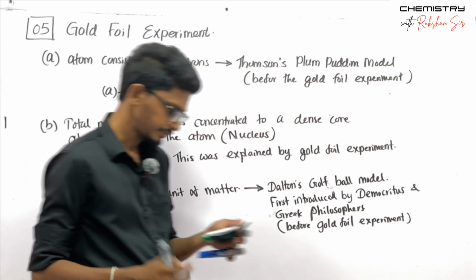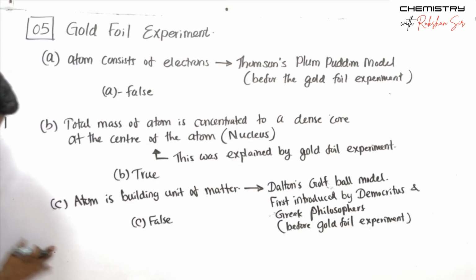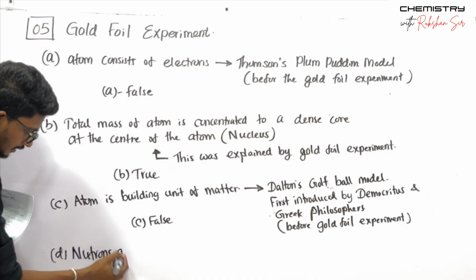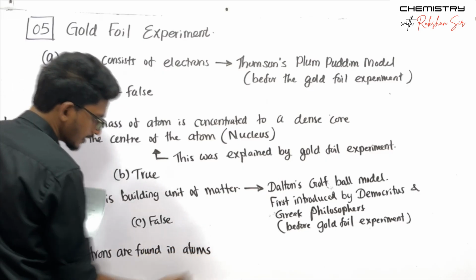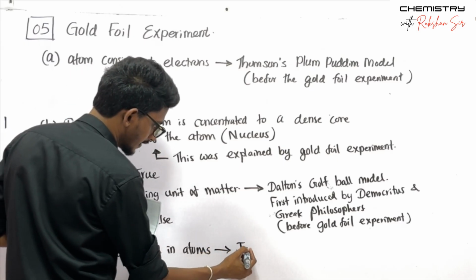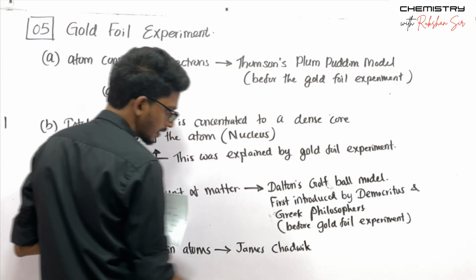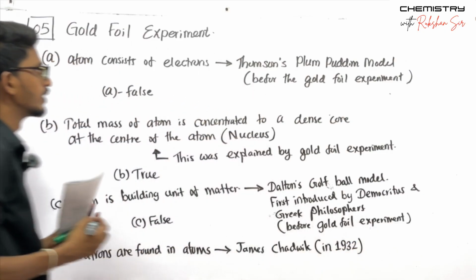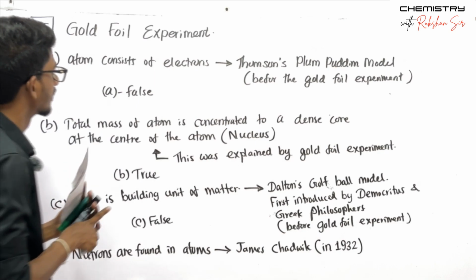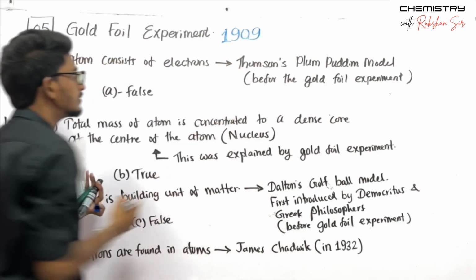D. Neutrons are found in atoms. Actually that is by James Chadwick, in 1932, after the gold foil experiment. The gold foil experiment was carried out in 1909.